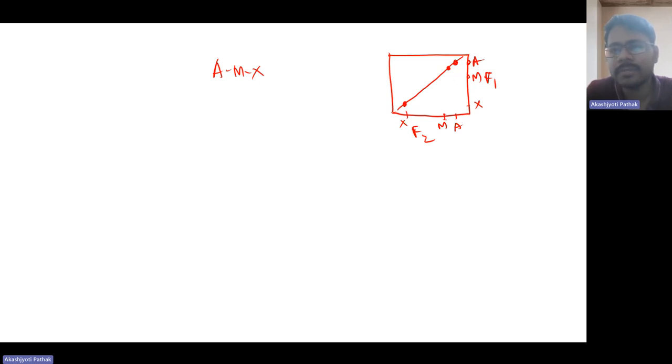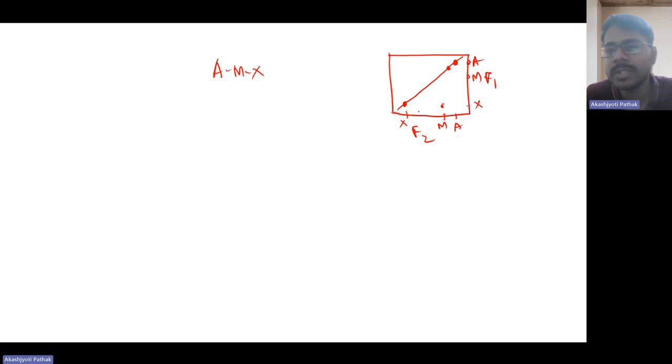Now, for example, in AMX, A is coupled to M. So that is why what you will get over here is a cross peak, and you will have a cross peak over here. Similarly, M is coupled to X, so you will have a cross peak over here. Then, is A also coupled to X?